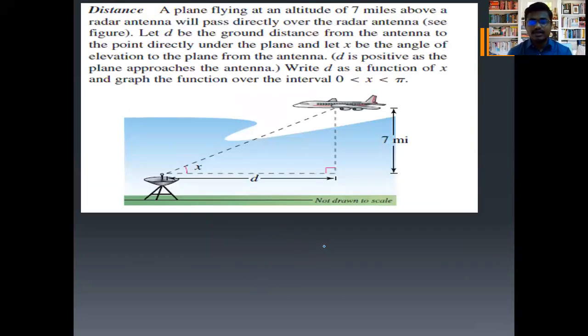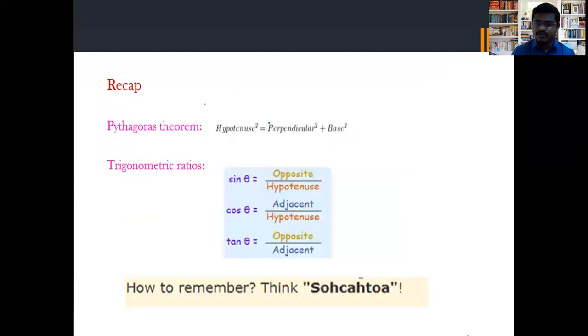We have so many applications in trigonometry. This question is also one of the applications. When a helicopter or a plane is traveling and you need to identify the distance or angle, it completely depends upon trigonometry, and we can find it very easily. Let's recap what we discussed in today's session.